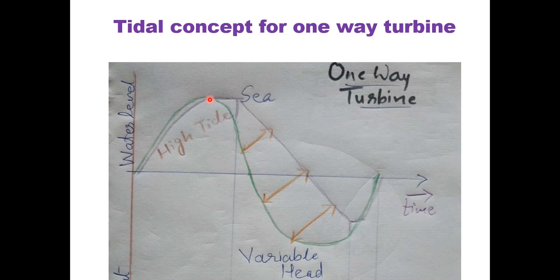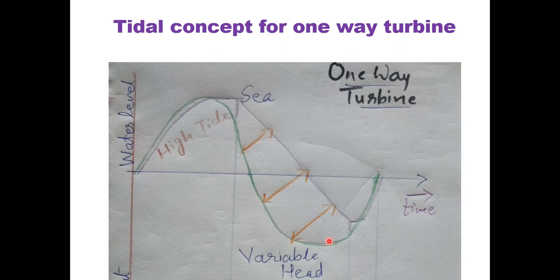At that time the gate will close. As the gate closes, there is the concept of variable head. In this variable head, the potential difference has to be maintained between the basin and the sea. This is the characteristic, obviously, of a single basin, which gets the power output during this time.